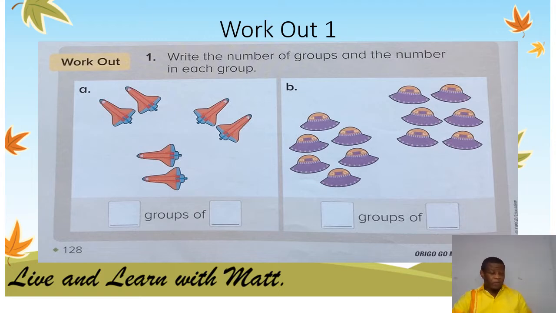So part A, we've got 1, 2, 1, 2, 1, 2. So we've got 3 groups of 2. So we're going to write it to be 3 groups of 2.